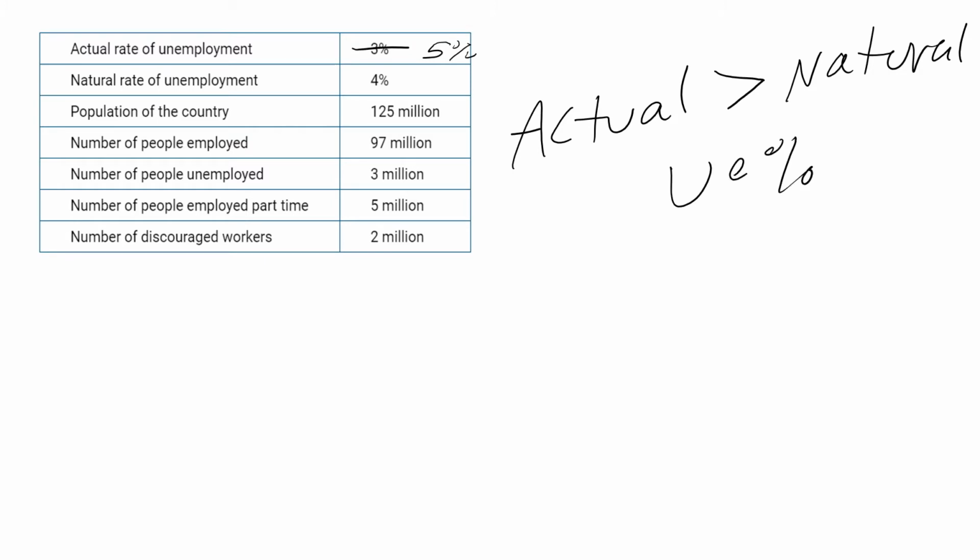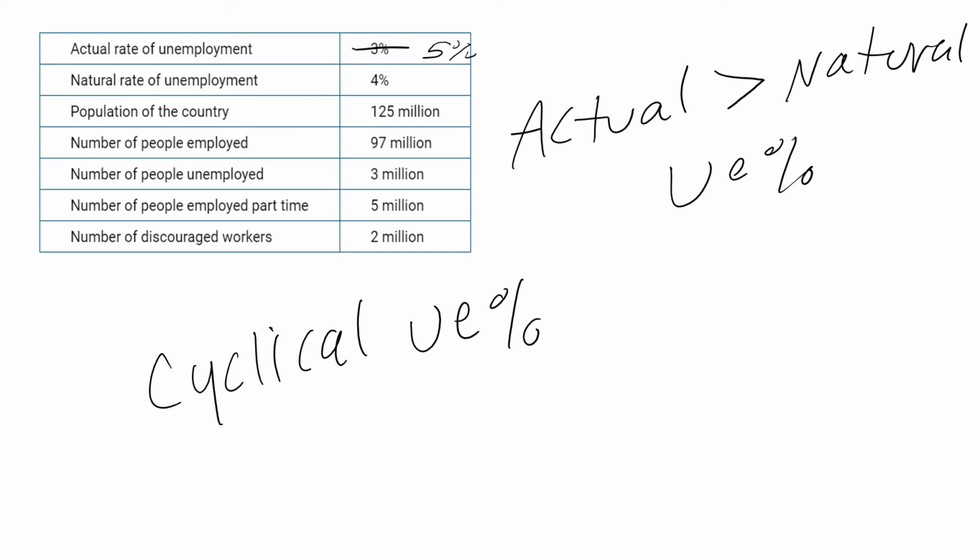Okay. Now, that's a bad thing, right? If more people are unemployed than what we expect, then that tells us something is wrong with the economy. And remember that cyclical unemployment is caused by a downturn in the business cycle. And so generally, anything above our natural rate of unemployment is what we can attribute to cyclical unemployment.